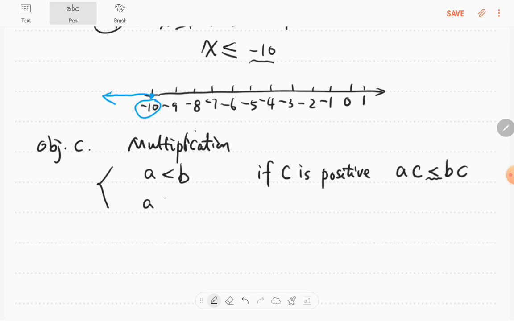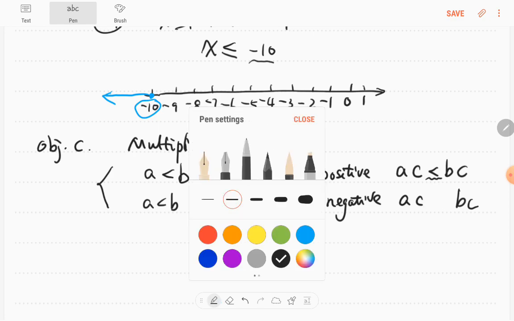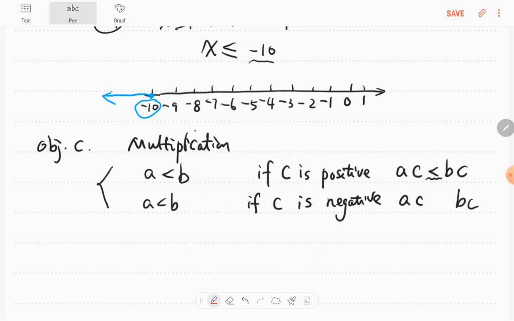But if we want to multiply a negative number on both sides, so this time C is a negative number. A times C, B times C on the other side. Make sure you know there's a big difference.